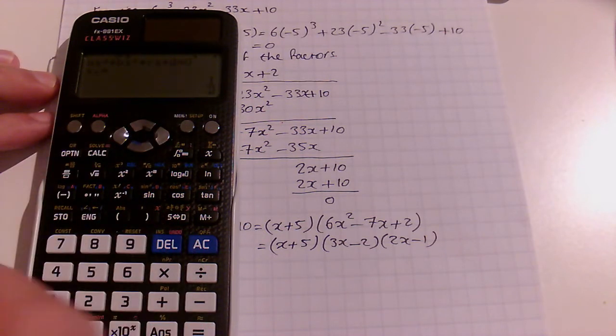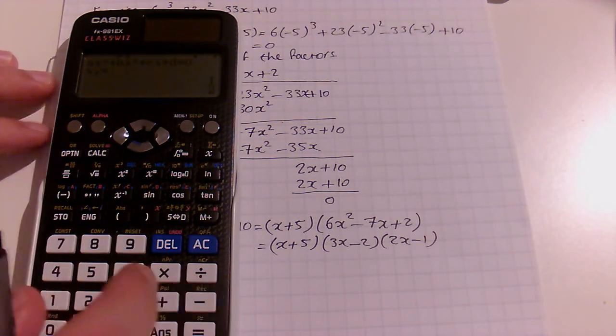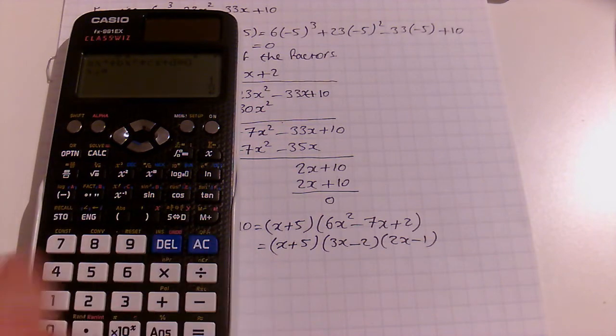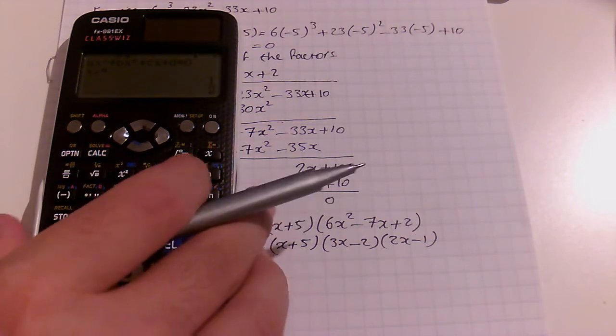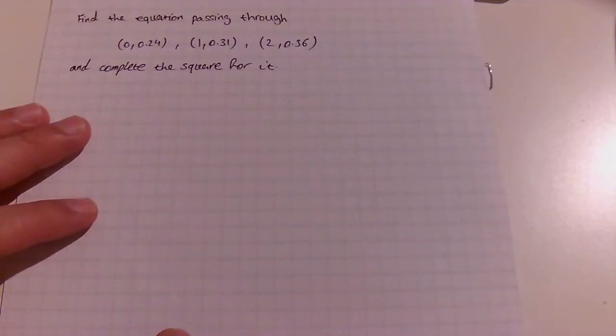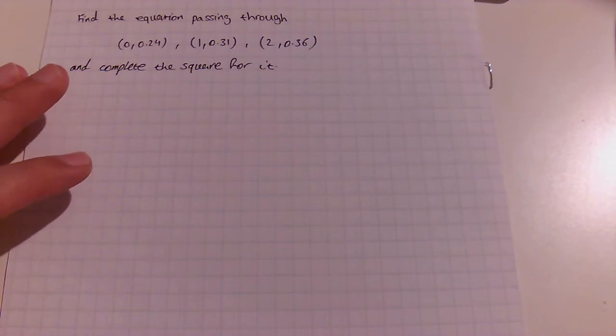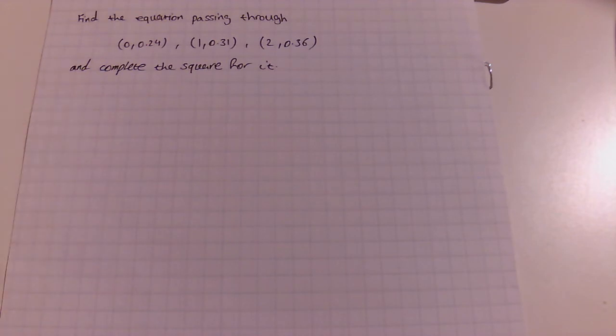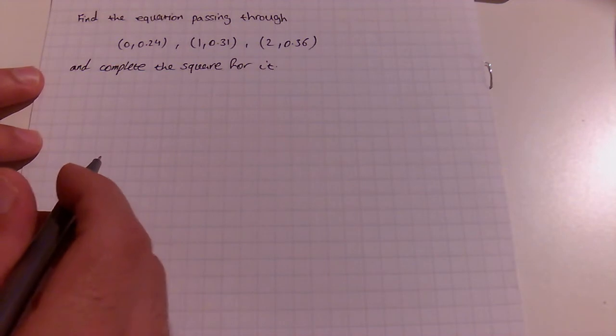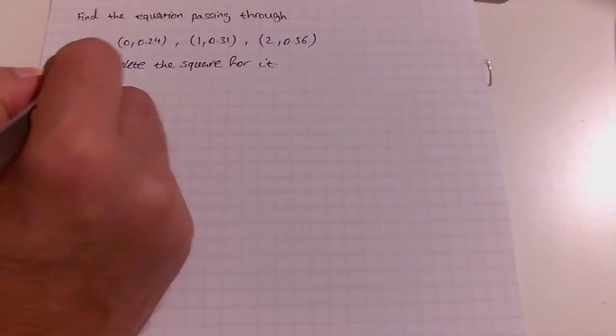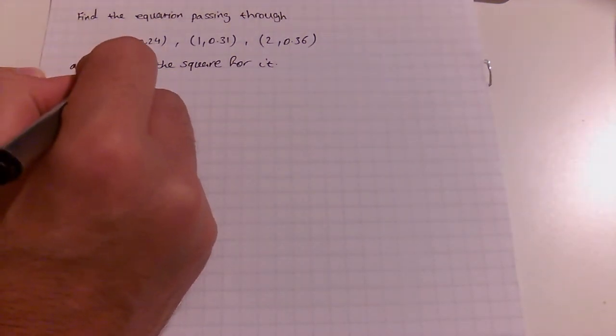However, we could use our calculator from the beginning. Okay, so let's use the calculator to check our solution. So number 2, polynomial, the degree of polynomial is 3. So 6, 23, minus 33, plus 10.